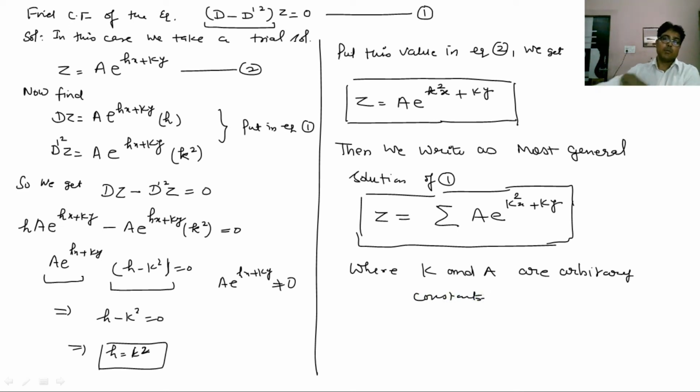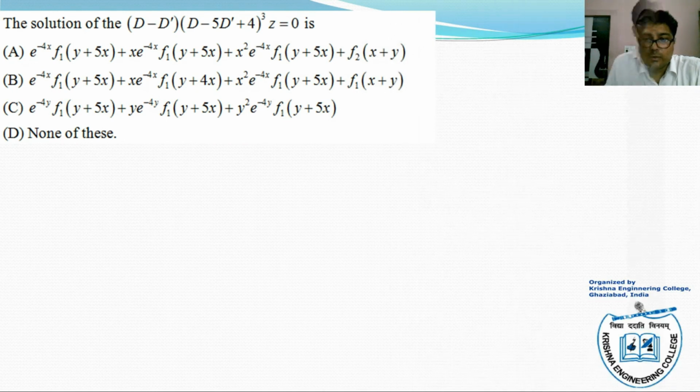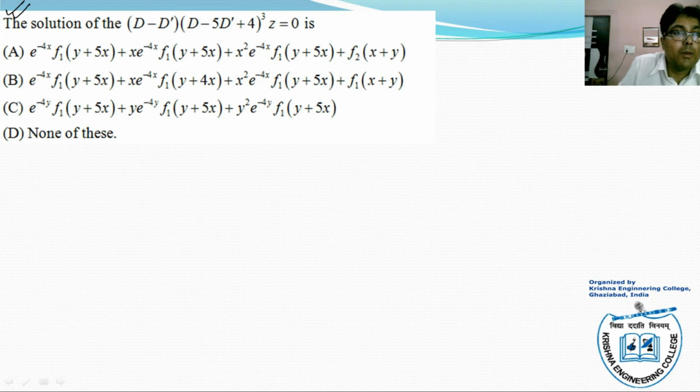This is the solution in the case when the non-homogeneous partial differential equation cannot be reduced into linear factors. Clear? This is the example. Objective: here, this equation is non-homogeneous because this factor contains all terms of equal degree, but the other factor does not contain all terms of equal degree.